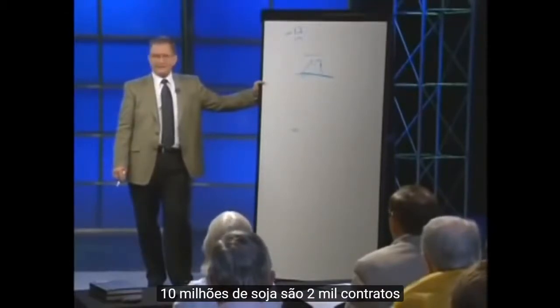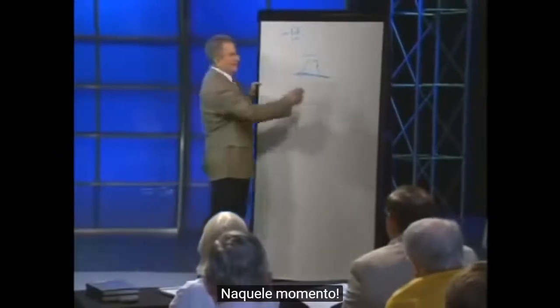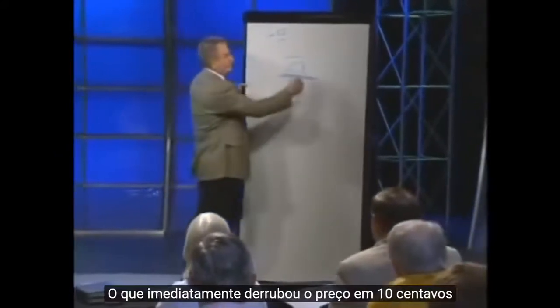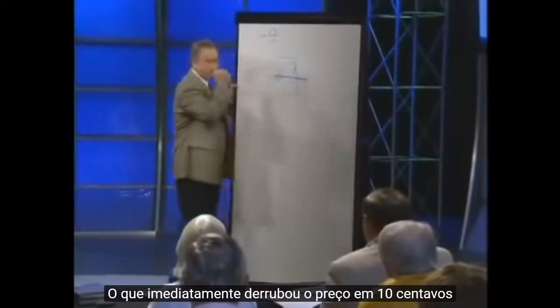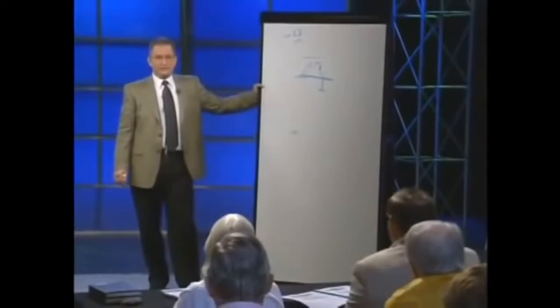Now, 10 million beans is 2,000 contracts because they trade in 5,000 bushel increments. So he hit the market at that moment with 2,000 sell orders, which immediately drove the price down 10 cents, which basically is a $1 million trade, by the way.